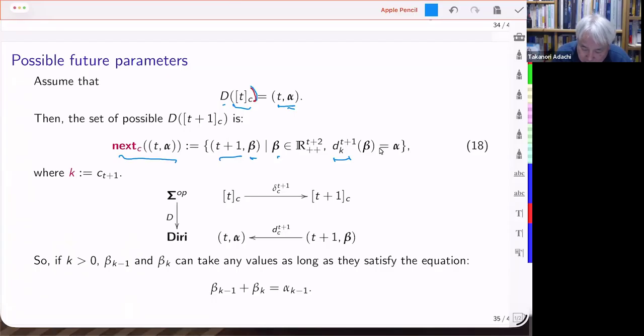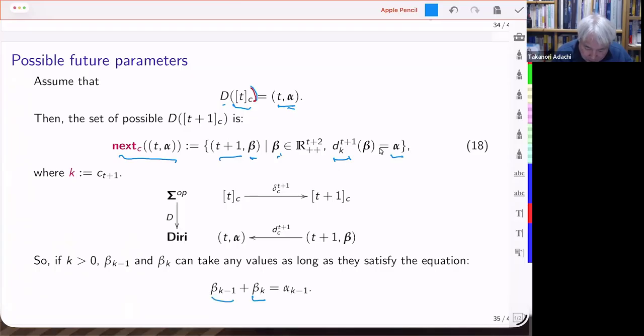This is a dual of the little delta, and then it becomes alpha.